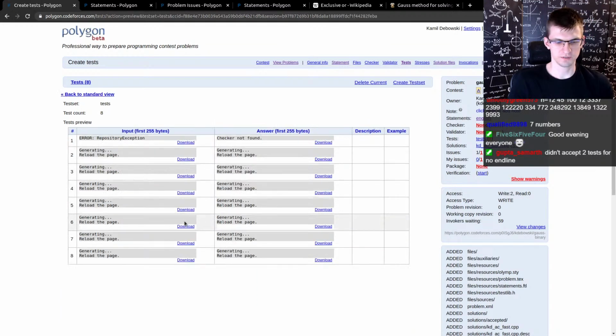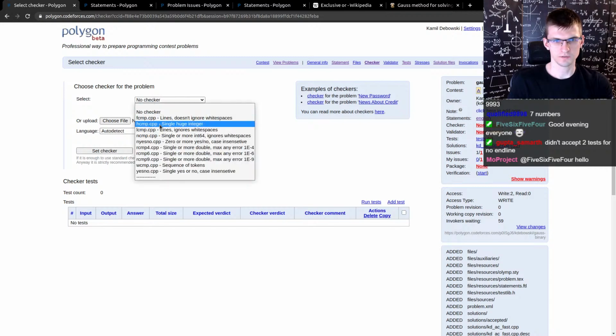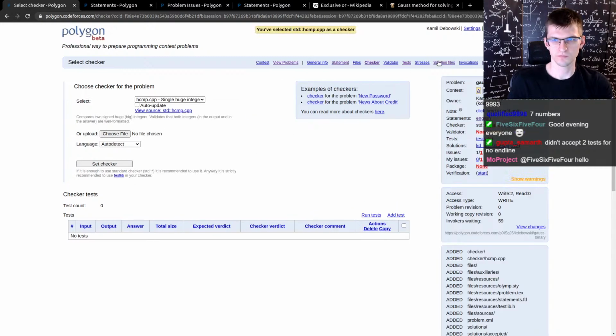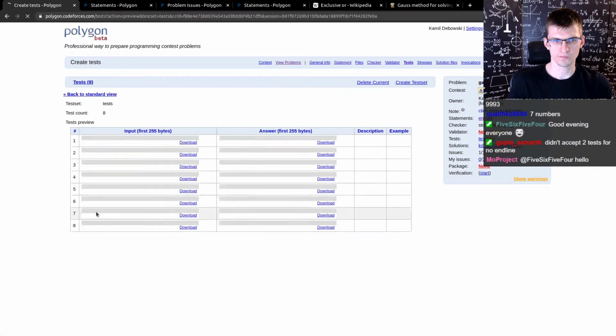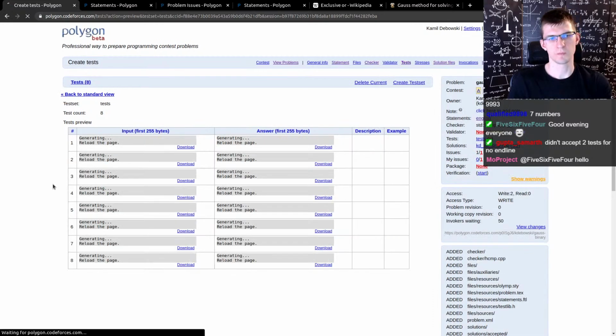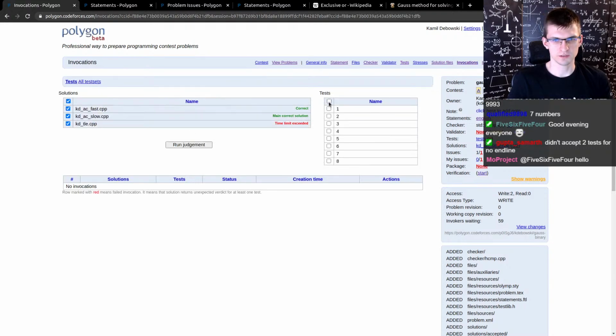Okay, is everything alright here? Checker not found. We have a single huge integer. Sorry if I missed somebody. Later there will be a validator anyway to check if, for example, there is some extra space, or maybe some n doesn't work, like it is 1 too big or too small. Now let's run solutions.